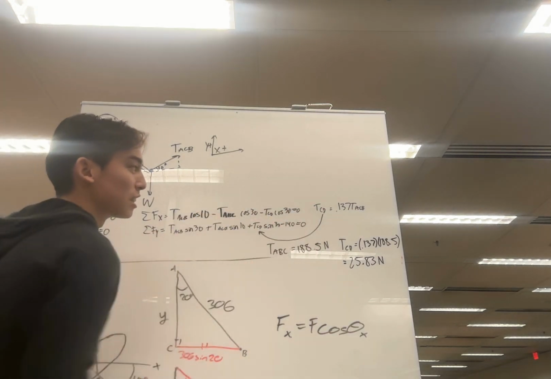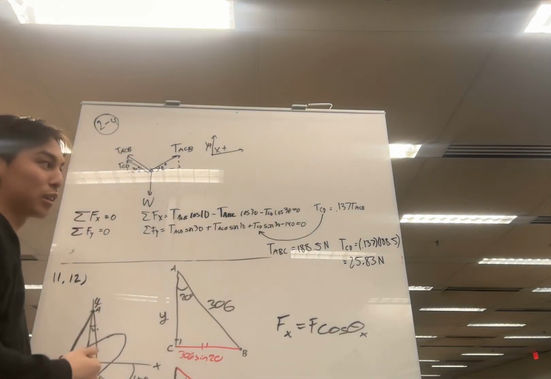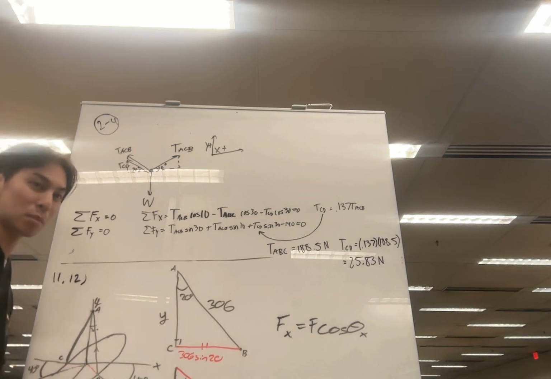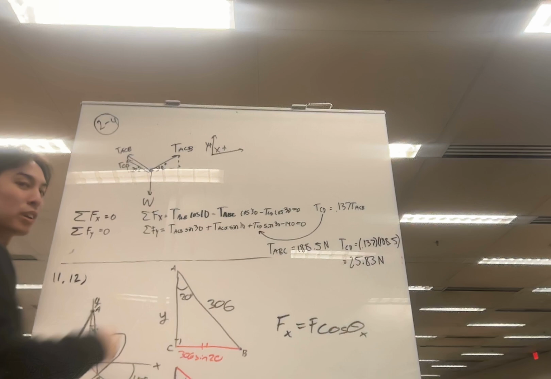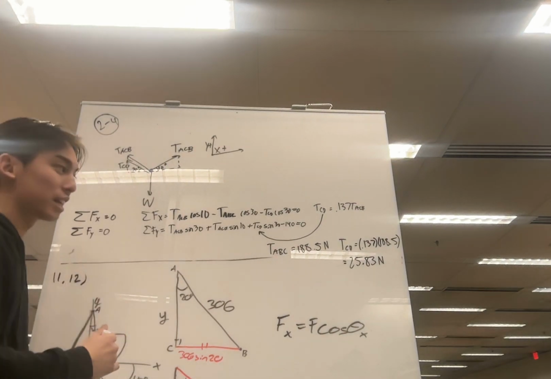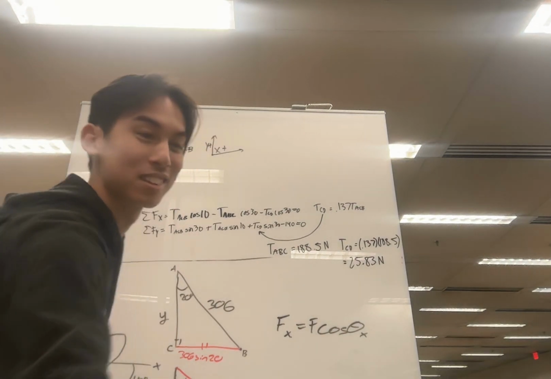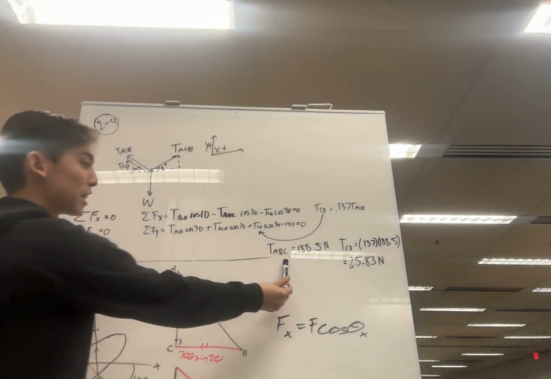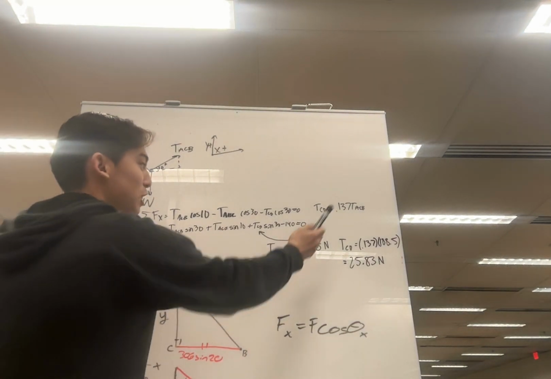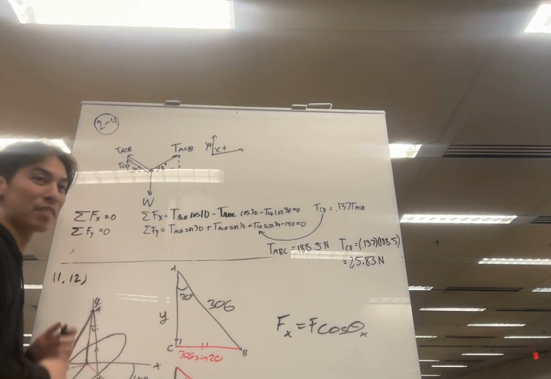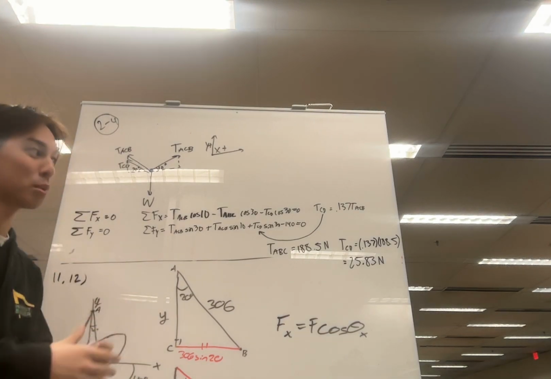So TCD is 0.137 of TACB. We plug it back into the second equation and solve for TACB, which is 188.5 newtons. Plugging that back in, TCD is 25.83 newtons.